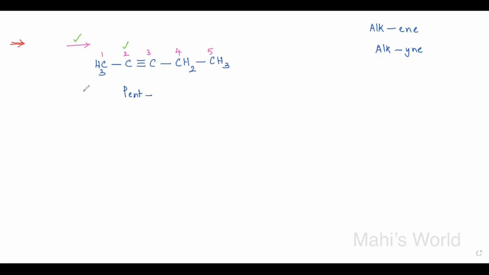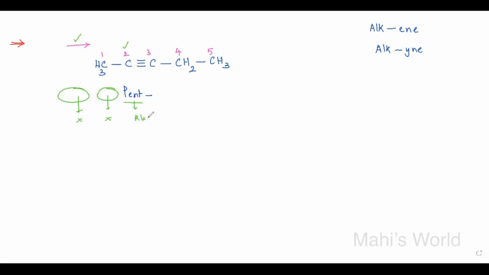Because there is no secondary prefix, there is no primary prefix. Both are missing. It's not cyclic, so primary prefix is missing. It has no side chain, so even the secondary prefix is missing. Penta. The root word has come into the picture straight away.